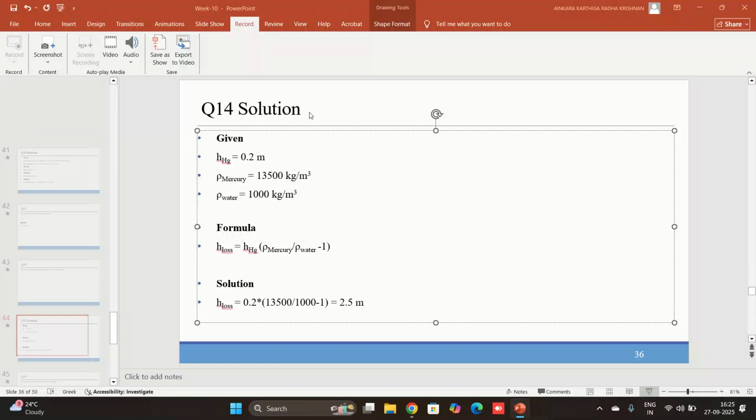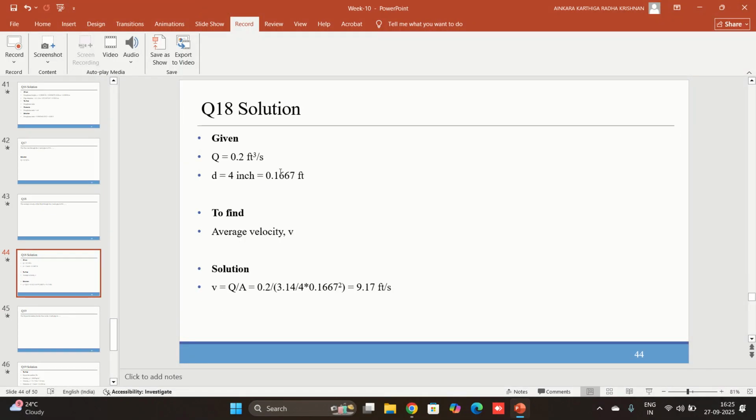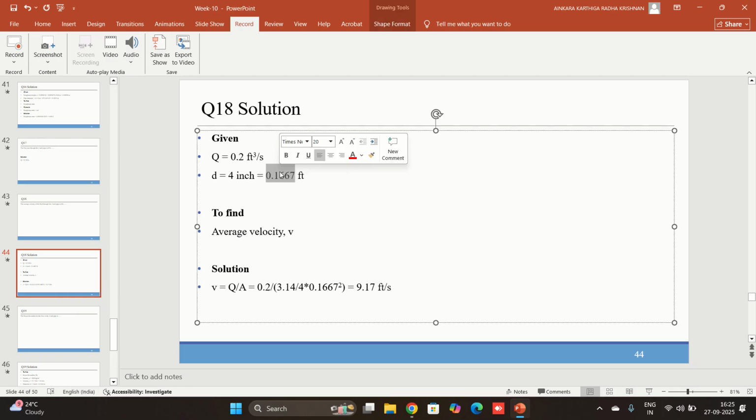That's what I was thinking. It is 0.3333. So it is 0.3333 feet.